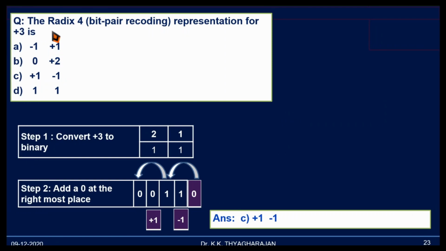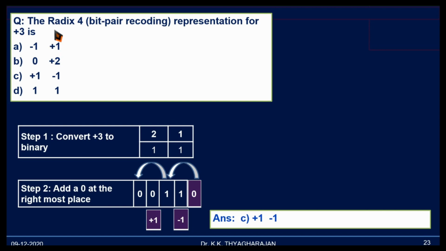The Radix-4 representation for +3 is A -1 +1, B 0 +2, C +1 -1, D 1 1. So the previous problem has been asked in a different way. So instead of putting a 0 between these 2 bits, a space has been provided. That means it is Radix-4 representation.